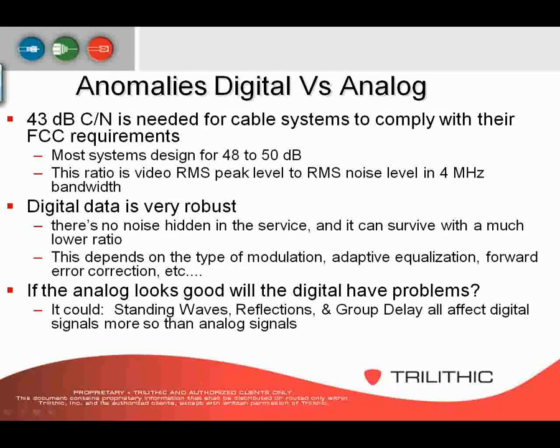Digital data, as was mentioned, is more robust. There's no noise hidden in the service, and it can survive with a much lower ratio. This depends greatly on the type of modulation, adaptive equalization, forward error correction, and so on, though.